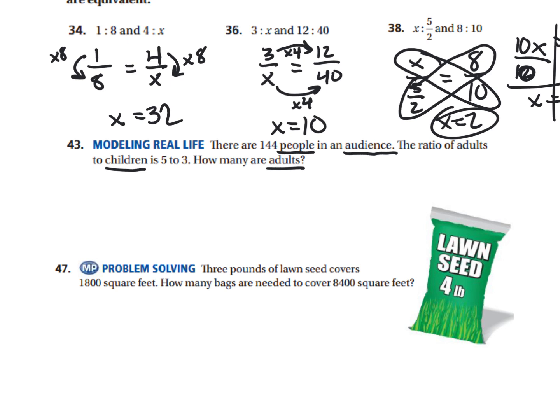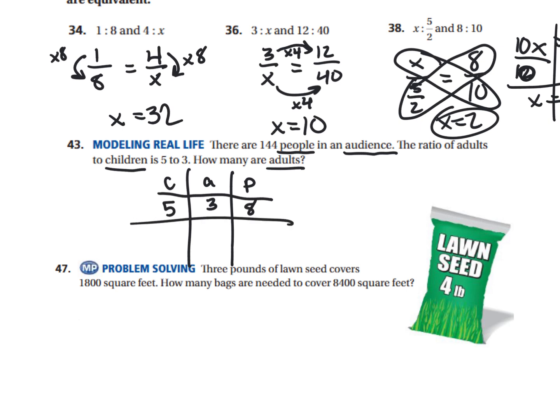So I'm going to do this. Children, adults, and people, right? Initially, it says my ratio is 5 to 3. And I know that if I'm asking how many people is that, well, that's 8 total people.